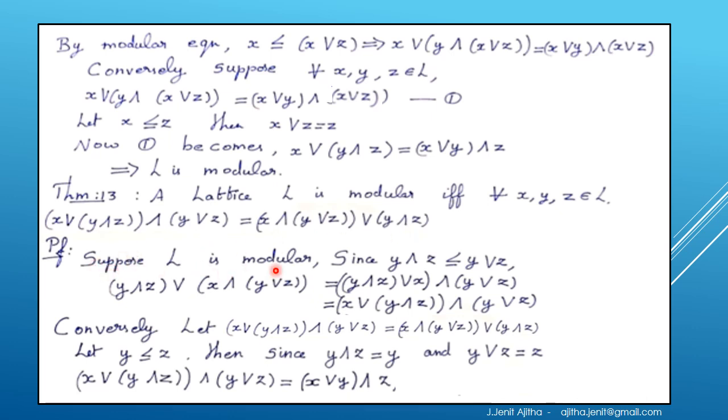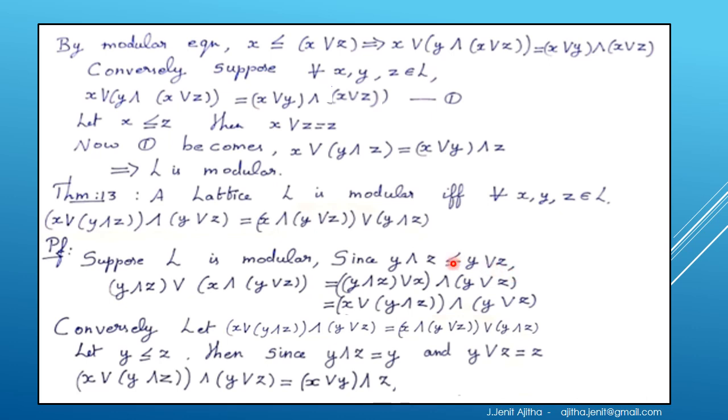So suppose L is modular, and this is clear because Y meet Z is the greatest lower bound for Y and Z, and Y join Z is the least upper bound for Y and Z. So clearly the lower bound will be less than or equal to the upper bound. Therefore we can write Y meet Z is less than or equal to Y join Z.